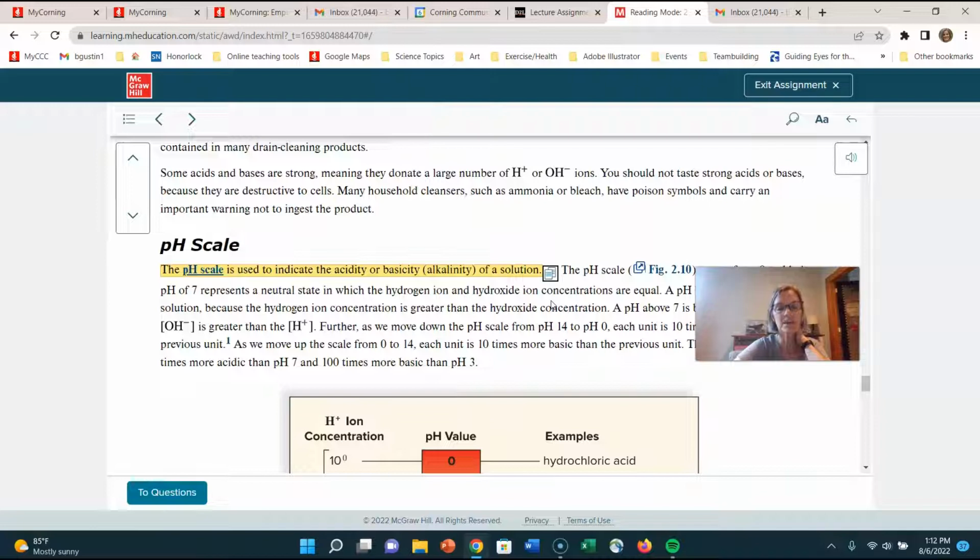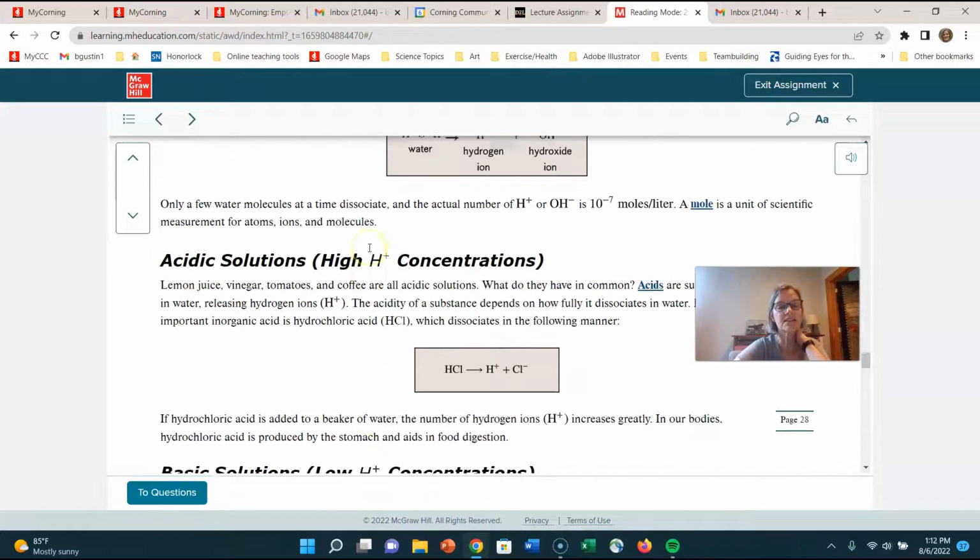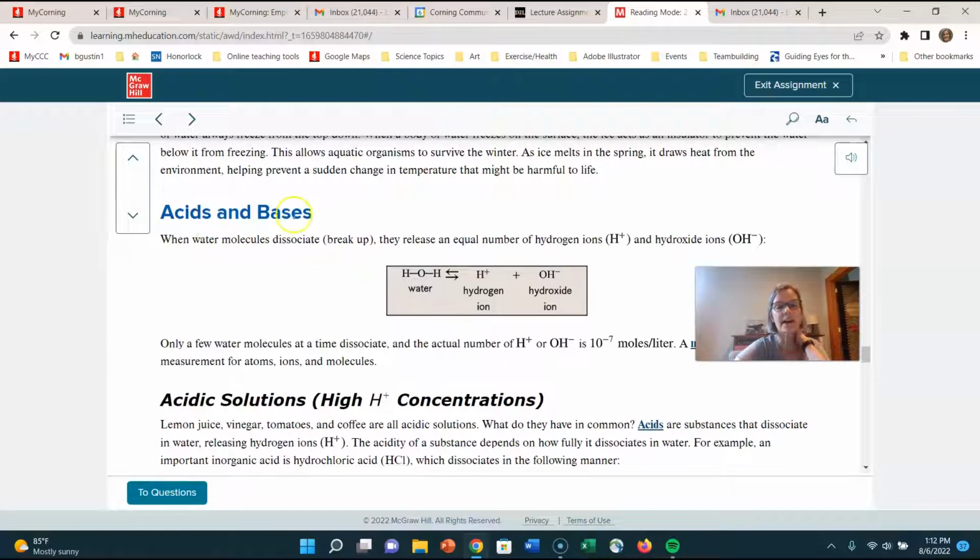So here we talk about the pH scale. Actually, right above that, it's talking a little bit about what acids and bases are. When water molecules break up, they release an equal number of hydrogen ions and hydroxide ions. And they're showing you this picture here.